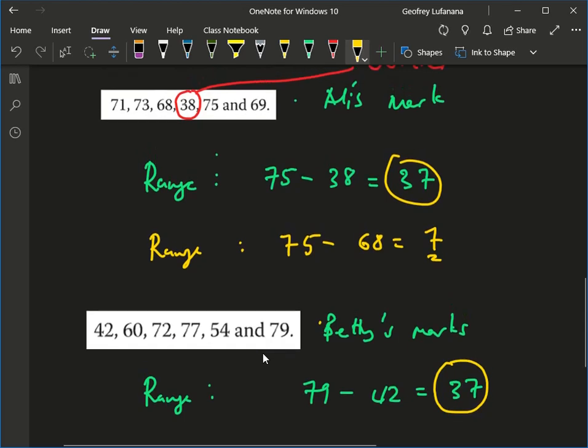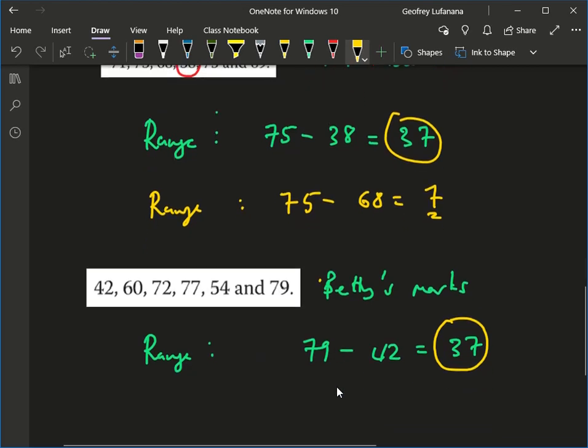But their marks are not distributed the same way. Betty is kind of evenly distributed because she has 70s, 60s, and 40s, whereas Ali has 70s and 60s only, but they have the same range.